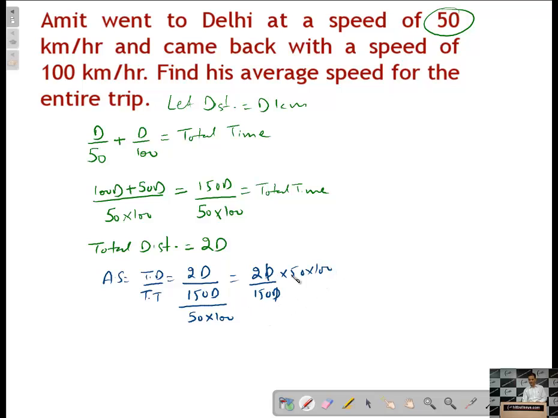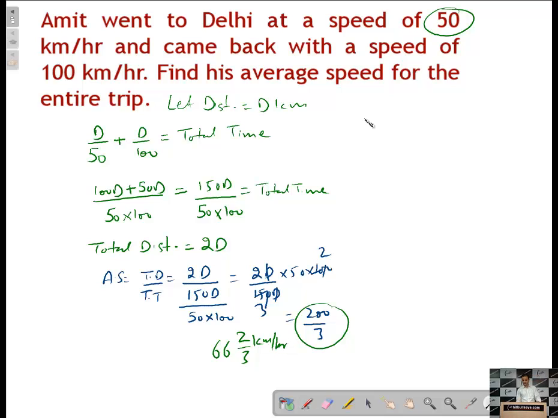So the answer will be, zeros cancelled, 5 3 15, 5 2 10, so again it will be 200 by 3, which will be equal to 66 2 by 3 kilometer per hour.